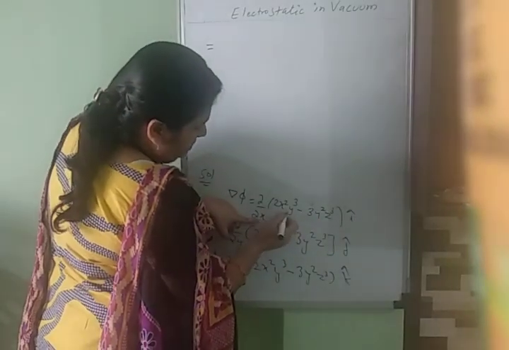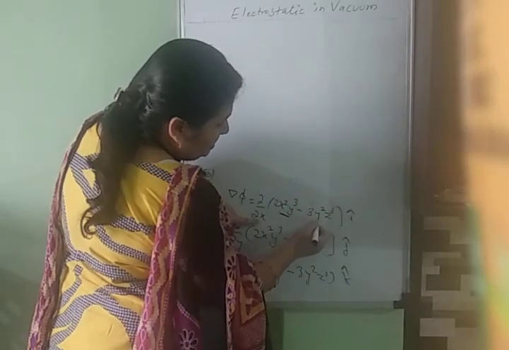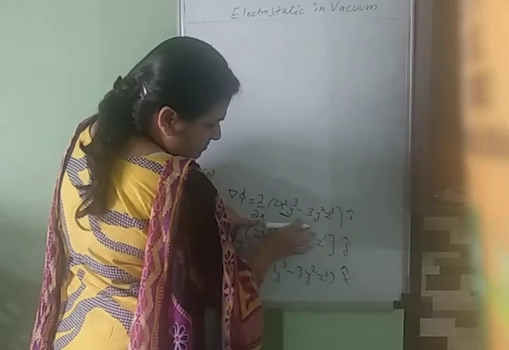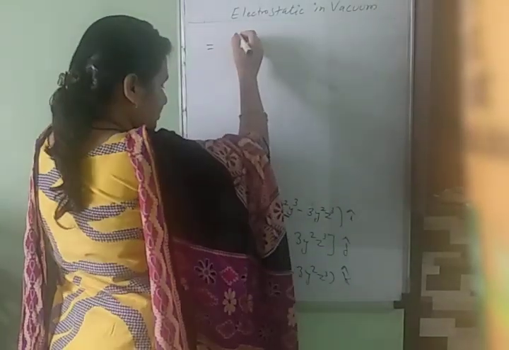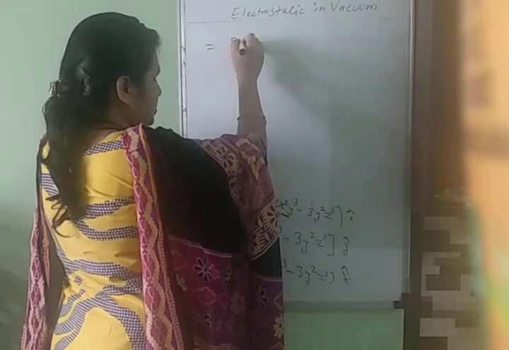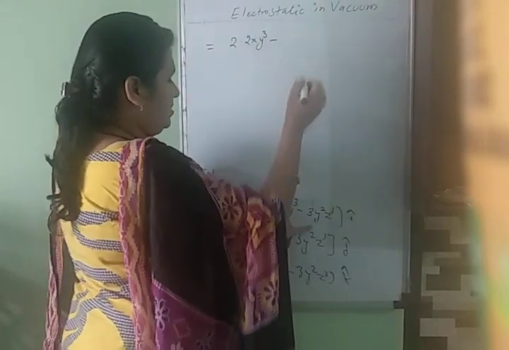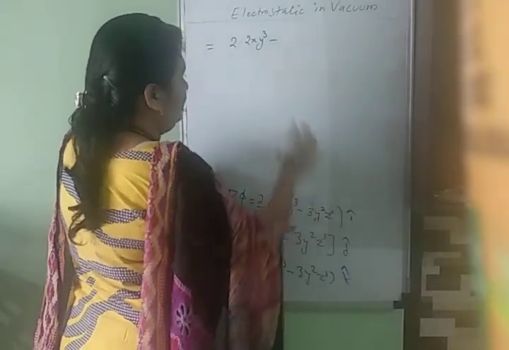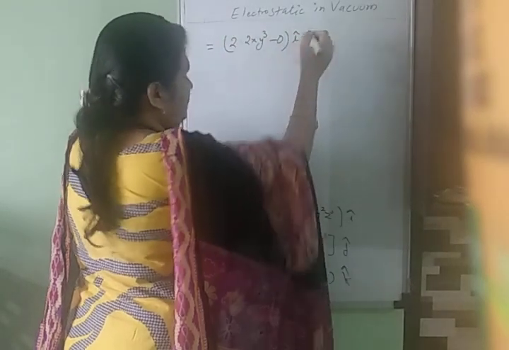In the first term there is x, but in the second term there is no x term, so it is a partial differential. The derivative of the first term is 2 into 2x times y³, and the second term is not available with x, so it is equal to 0, multiplied with unit vector i.